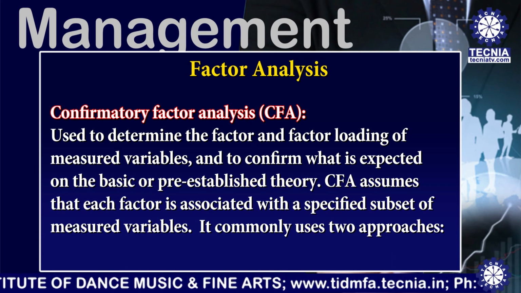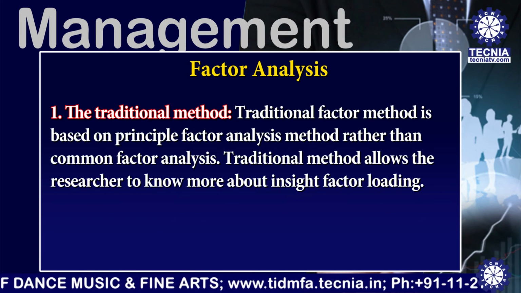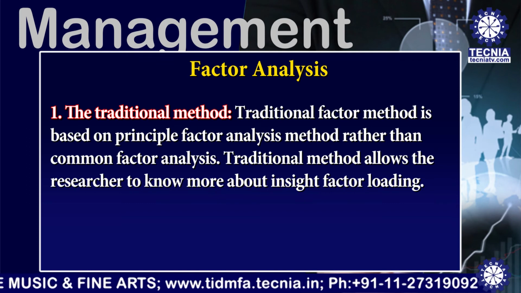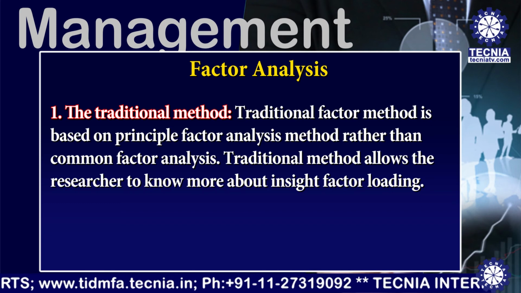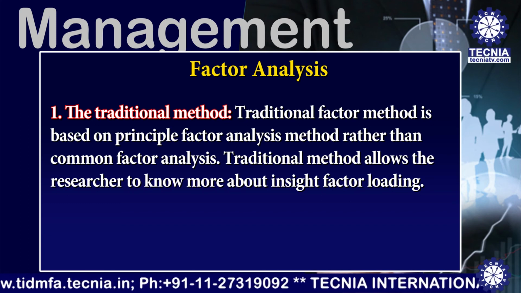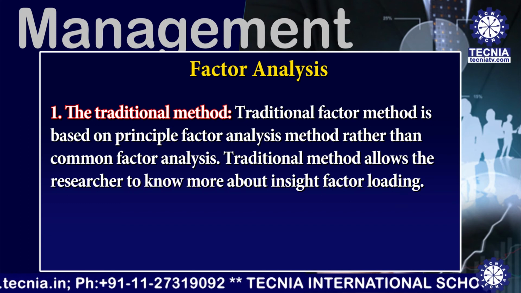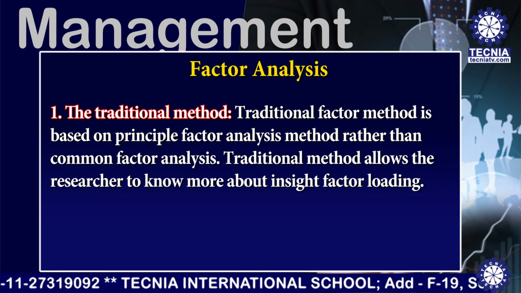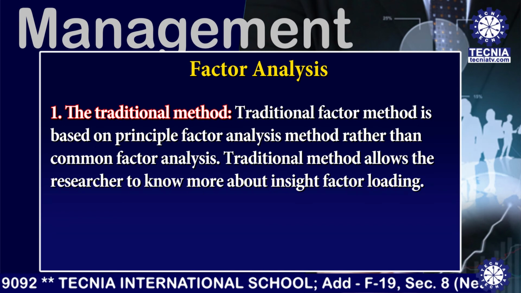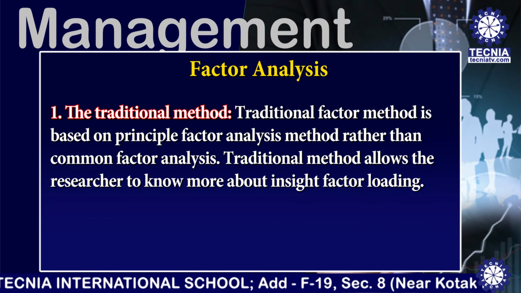It commonly uses two approaches. First one, which is the traditional method. The traditional factor method is based on the principal factor analysis method rather than common factor analysis. It allows the researcher to know more about the factor loadings.